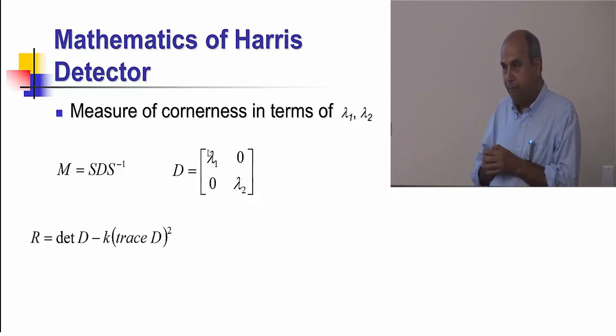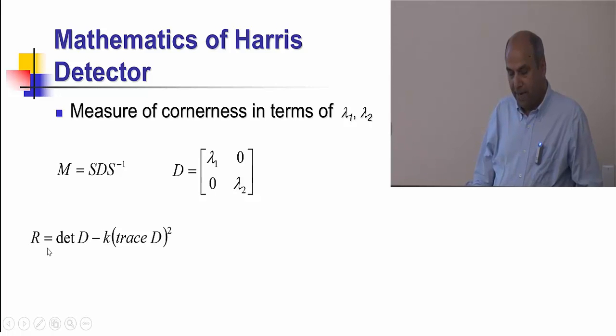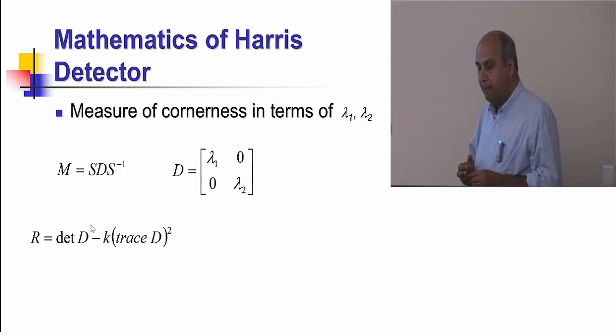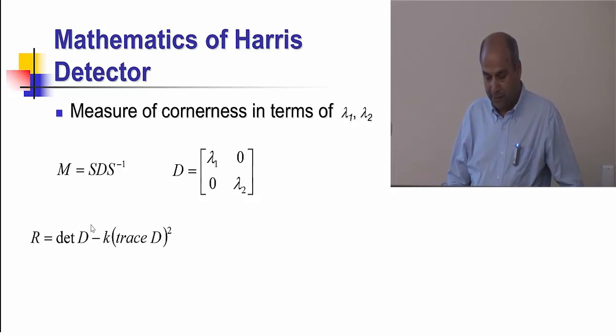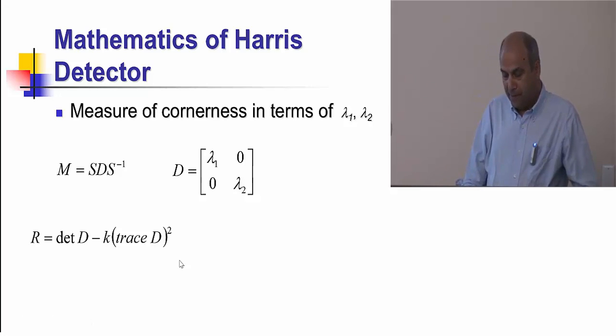He defines a value R, which depends on the determinant of D and the trace of D, multiplied by some factor k, and the difference of these two. The determinant of this diagonal matrix is the product of these elements, and the trace is the summation.